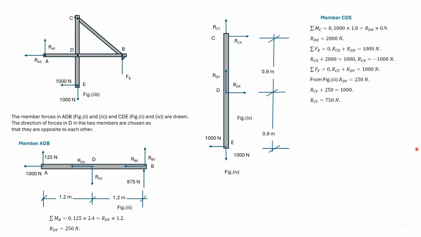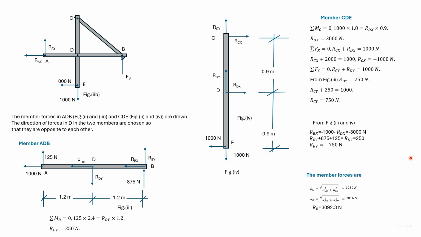This gives us all the components we need at the joints. With the components known, we can find out the reactions, say at C and D as well as B.